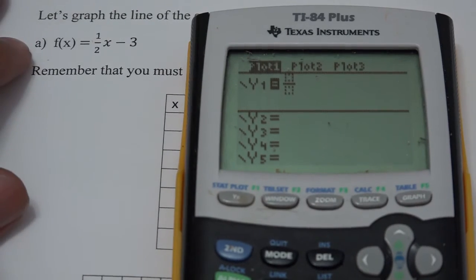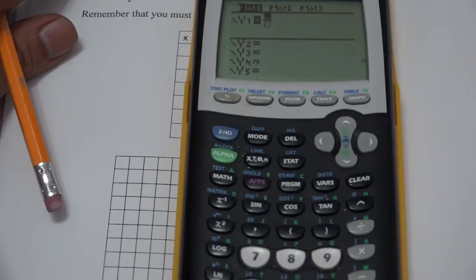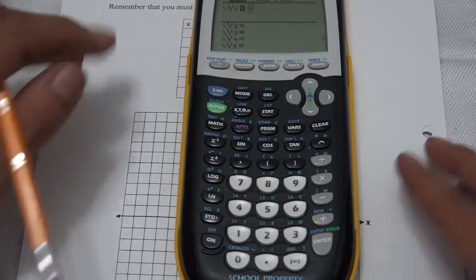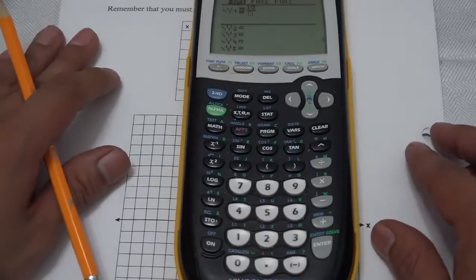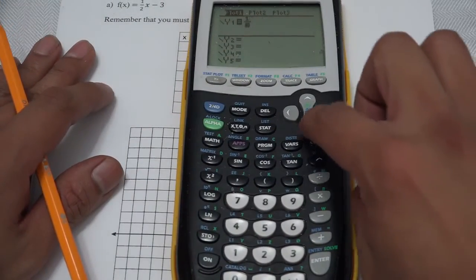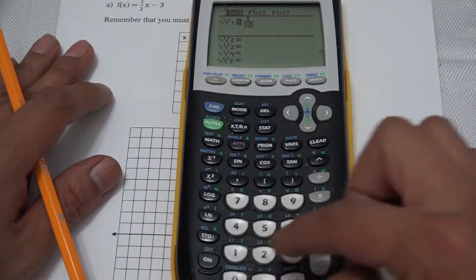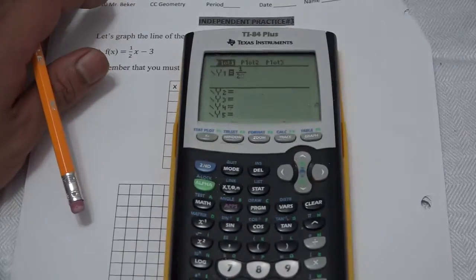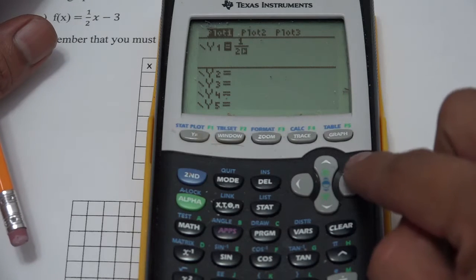So you're gonna do 1, or go down with this and over 2. Then you notice that the prompt is right on the 2. You need to move over.